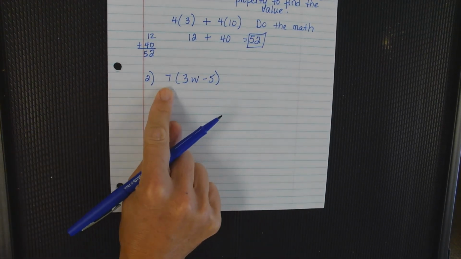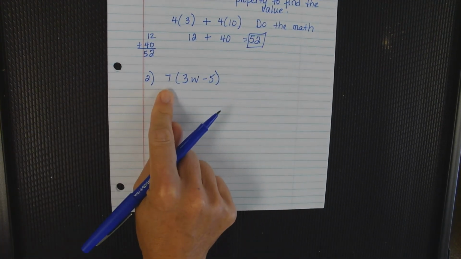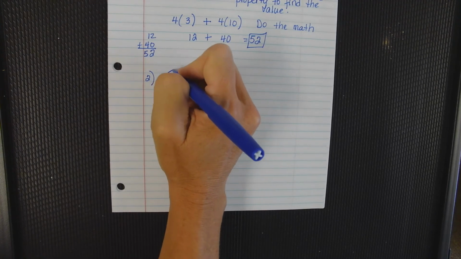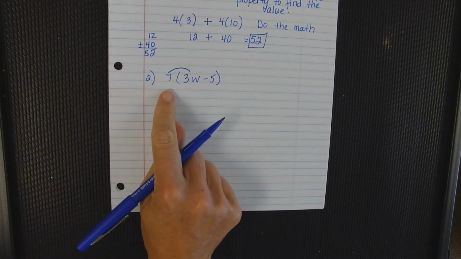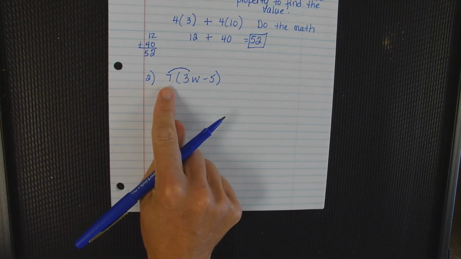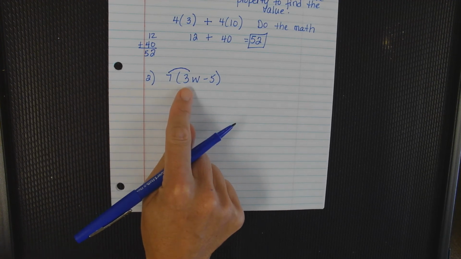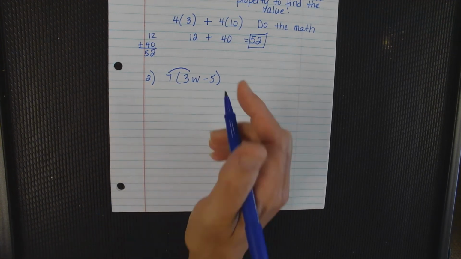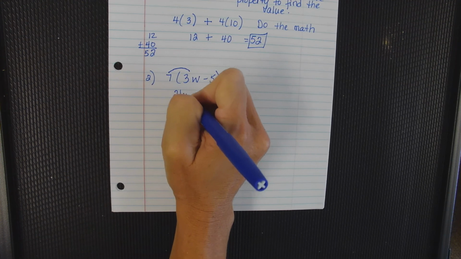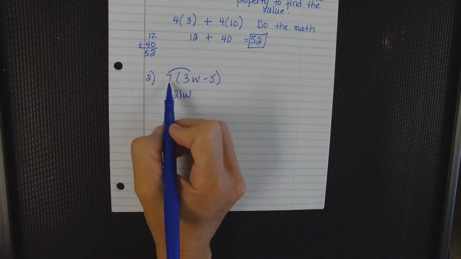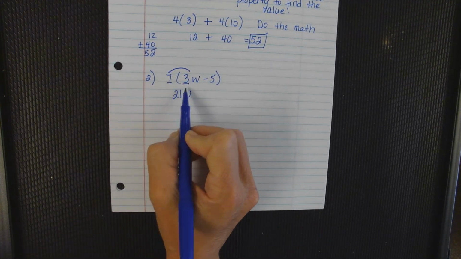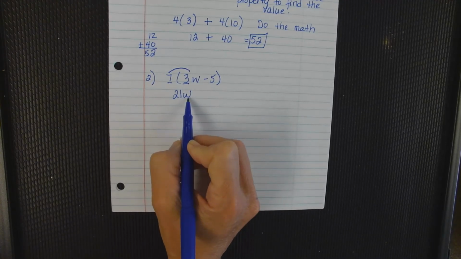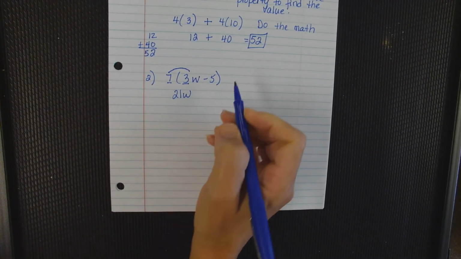What number is going to be distributed? 7. 7, okay? 7 times 3W. What is that? 21W. You have 7 times 3 is 21, and you simply carry the W, okay?